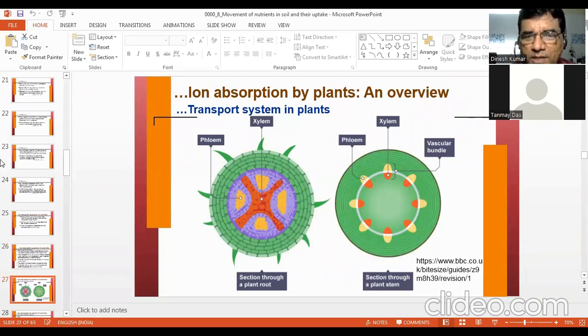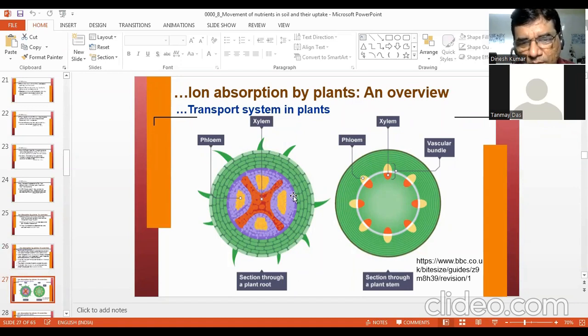You have also seen the transverse section of the root and the different parts of the root. Here I wish to tell you the role of the Casparian strip is very important in this case. You can see in the central part the xylem, and on the periphery of the xylem you can see the phloem.